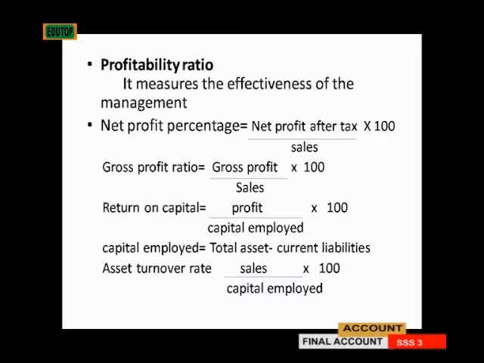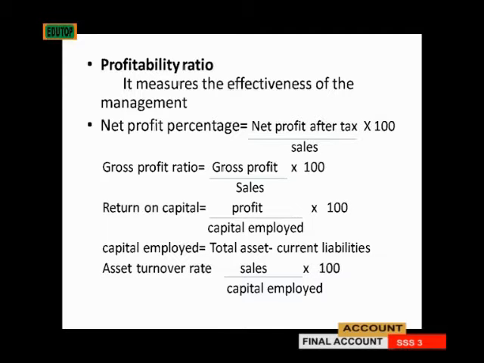So you can do some calculations to know whether there is a return on the capital you are investing into the business, and that is the profit divided by capital employed times 100. The capital employed can also be classified as total assets minus current liability. That is what we call capital employed. So you use this total as your percentage.